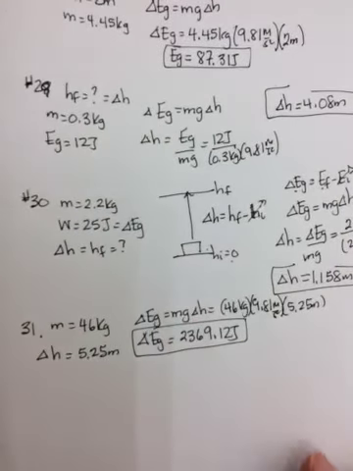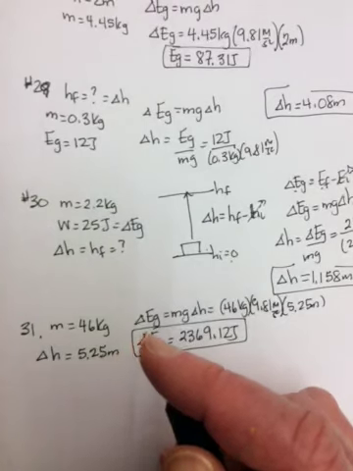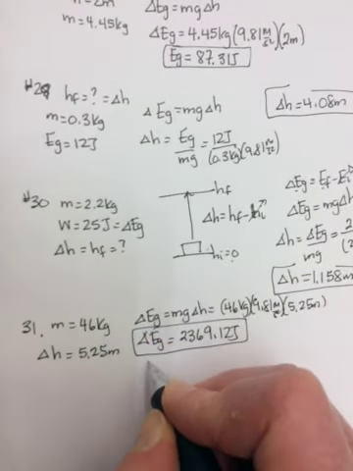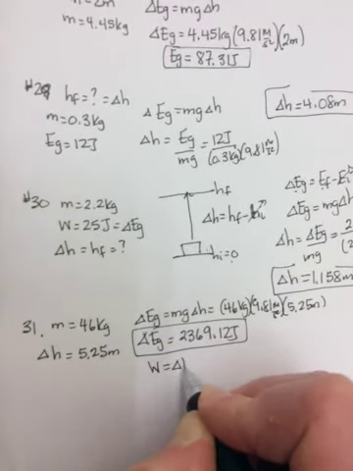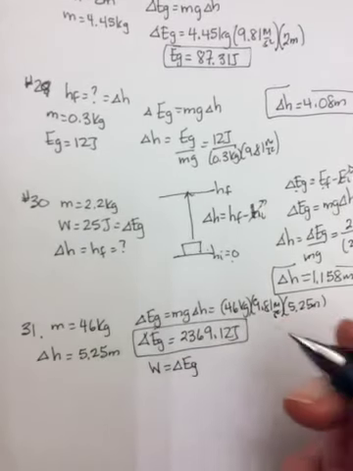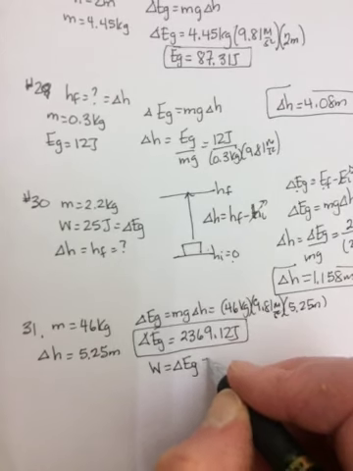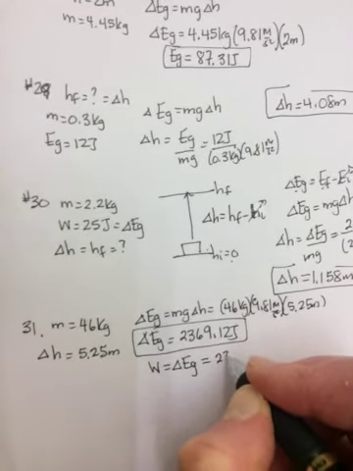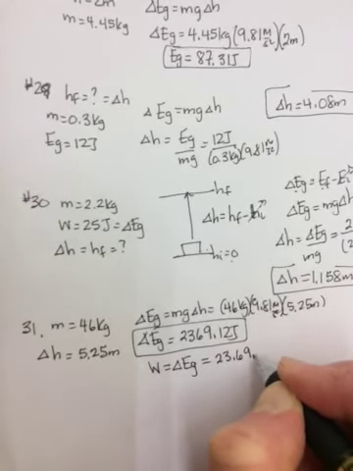Okay, part B says, what's the amount of work done by the child against gravity? Well, remember, work done is equal to the change in energy. In this case, change in gravitational potential energy, because they said work done against gravity. And so part B is your part A's answer.